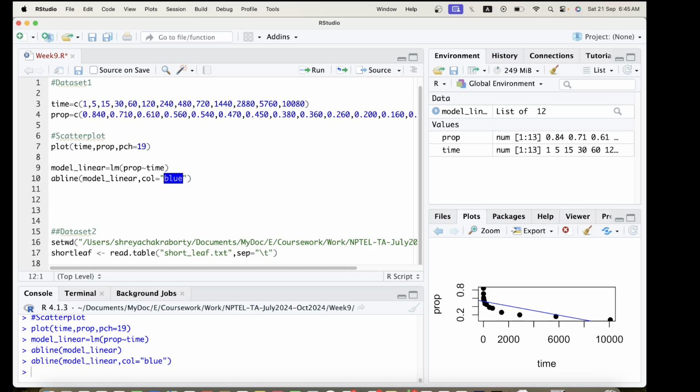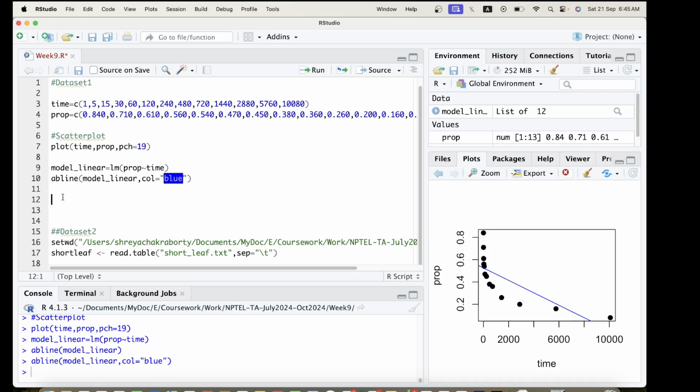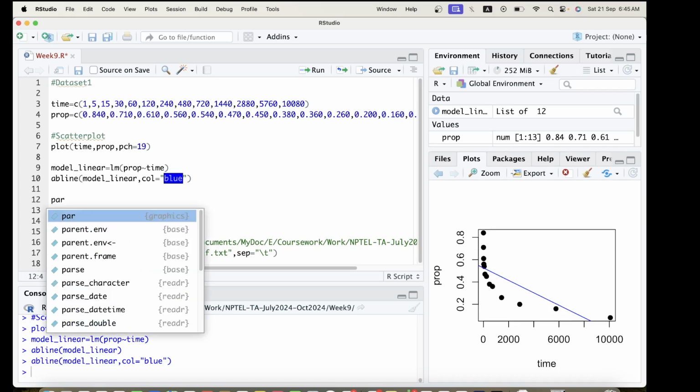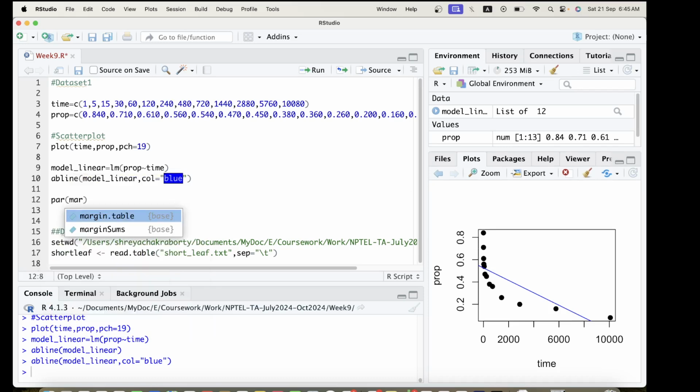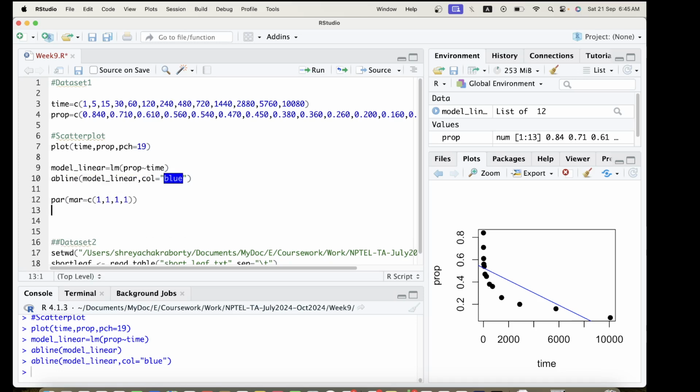Before that, I want to partition this frame into 4 parts. So I'm setting the margin, and then I'm going to split it into 4 windows. This part is optional, you could skip it.